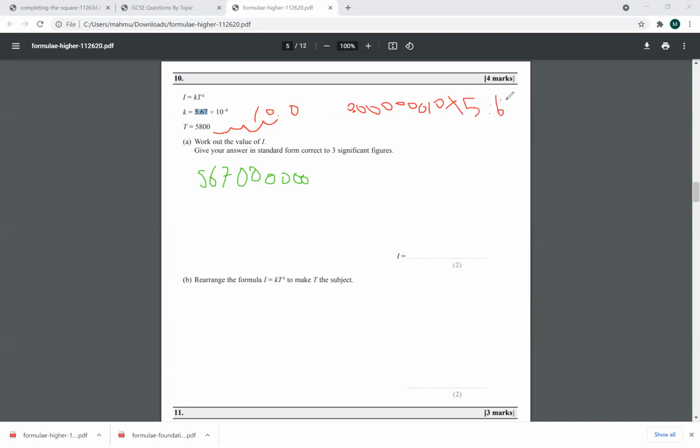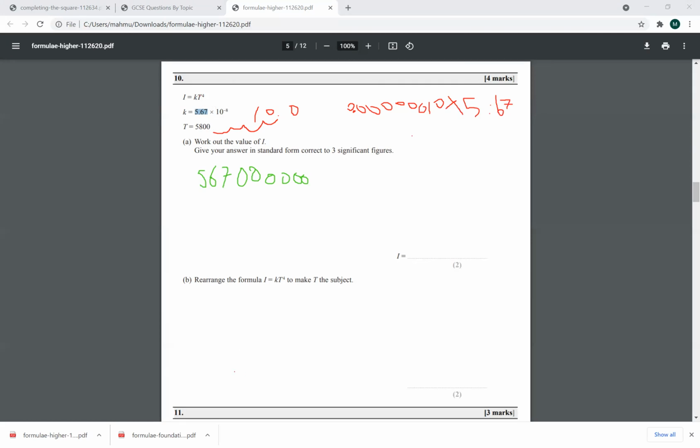I do it in my calculator. Whatever I get, this is my k, and then times it by t to the power of 4. So 4800 to the power of 4, whatever I get.